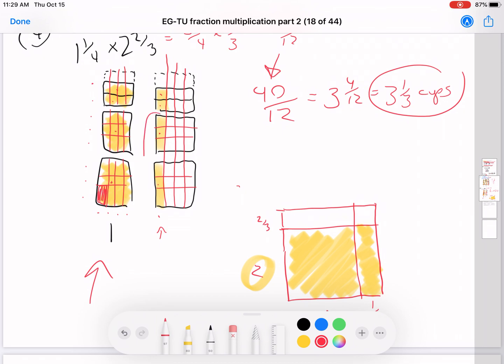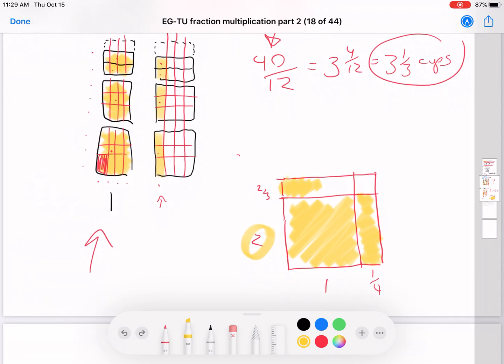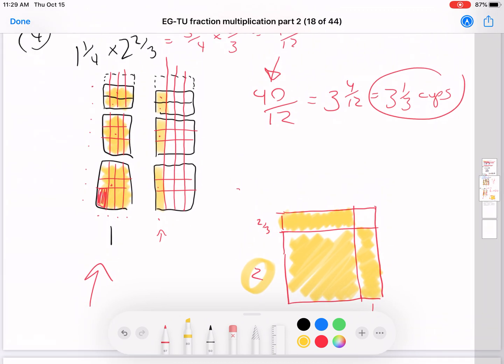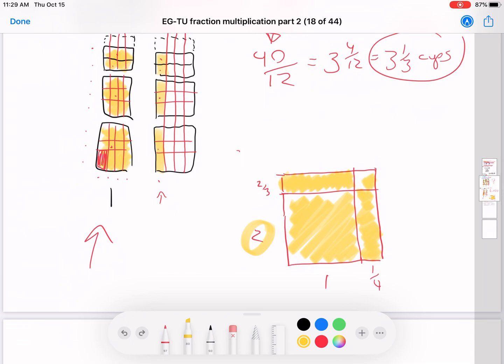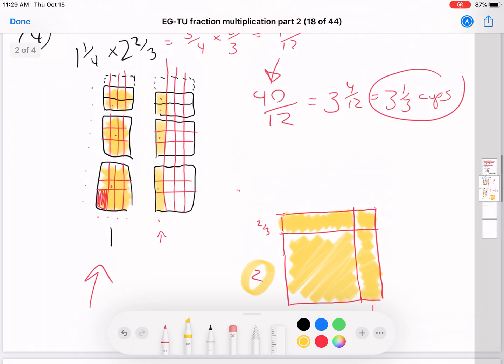We have 1/4 of the 2 cups. This section up here would be 2/3 times 1, and that would be right here where you have 2/3 of 1 cup. And then the final section in the area model would be 1/4 times 2/3, which is exactly what we have right here. It is 1/4 of the 2/3.